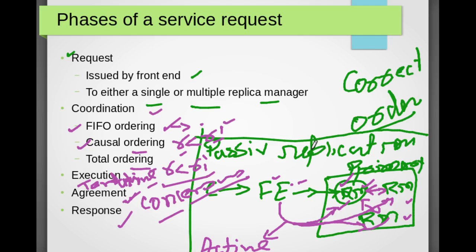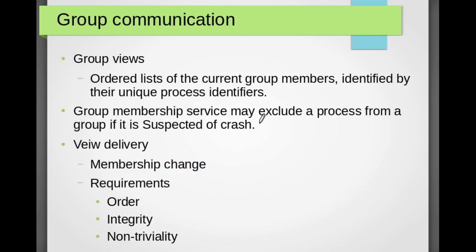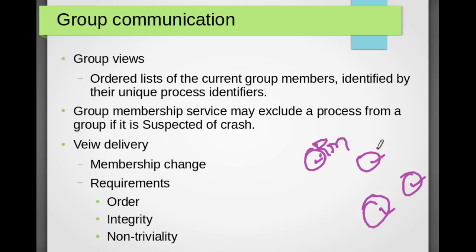Okay. Now the next thing that you have to say is group communication. Here you can understand that you have different servers on which the replication has been kept. So different replicas are there and replica managers are there. These replica managers can be considered as processes. So now these processes will have their own identifiers, process identifiers.